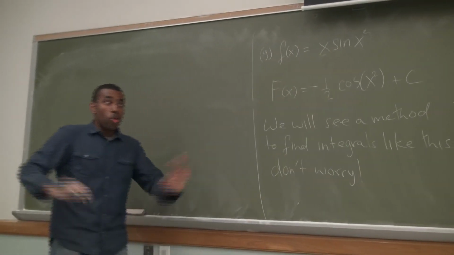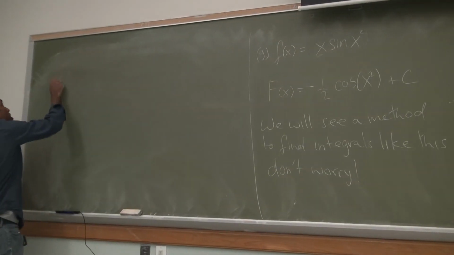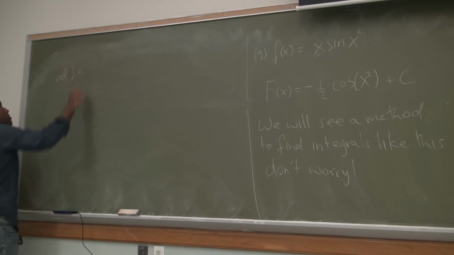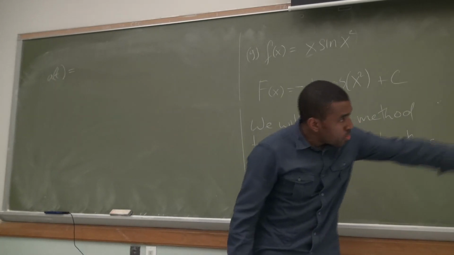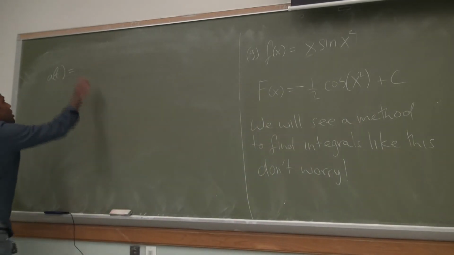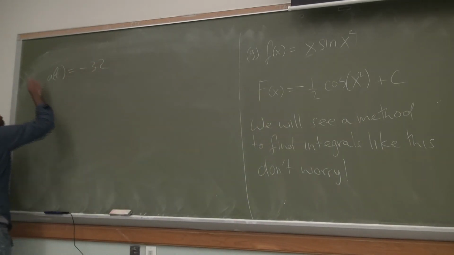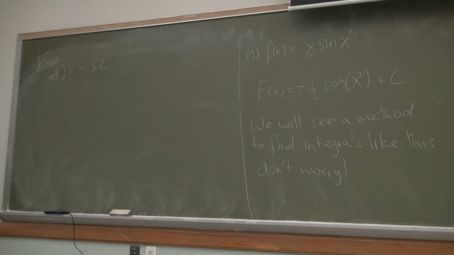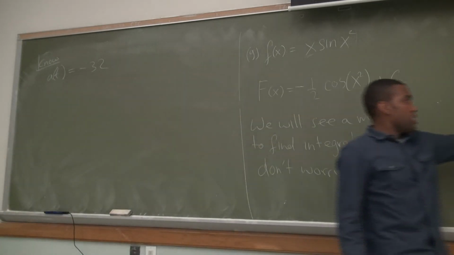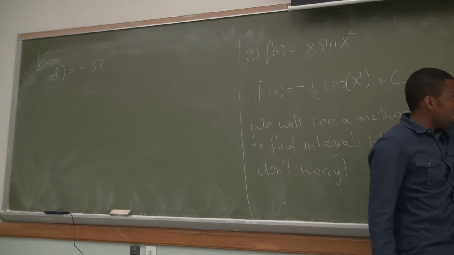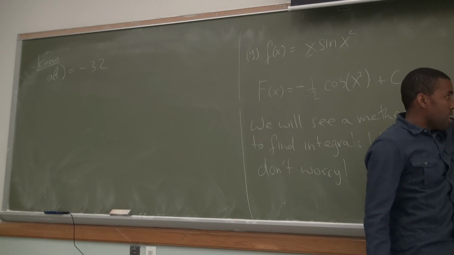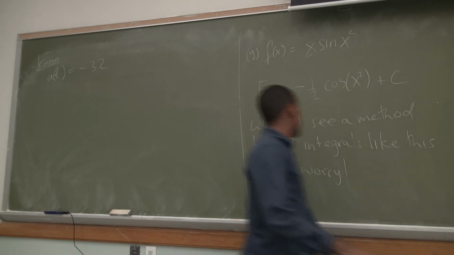So at this point, the only thing I know is my acceleration, which, since the units are in feet, will be minus 32. And that's the only thing we know. So now we know we want to go from acceleration to position, so where do we have to go first? Well, we have to stop off at velocity first, right? Now how do we get to velocity? Find the antiderivative.